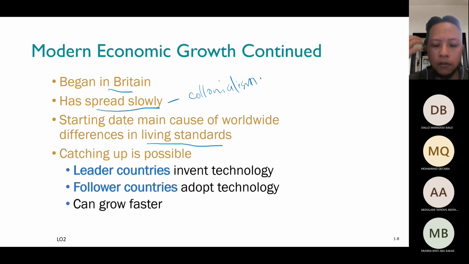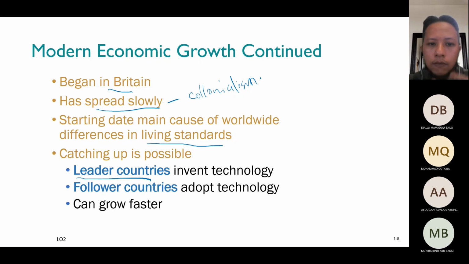Okay, because if you look at the colonizing countries, now they are in Europe, right? They are the most developed countries, and one of the factors is because they colonized other countries and took away the resources from these countries and bring it back to their land. Okay, and now they become the leader countries. Okay, and because of this, there's also the difference in the living standards in developed countries and the developing countries.